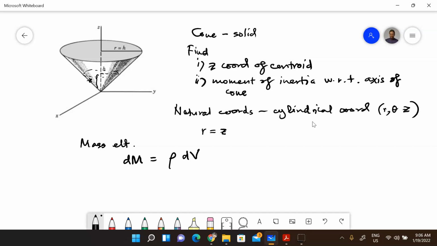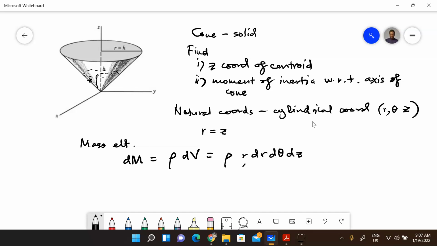And the volume element, originally it should be dx dy dz, but since you're using cylindrical coordinates, instead of dx dy dz we will have rho times r dr d theta dz.